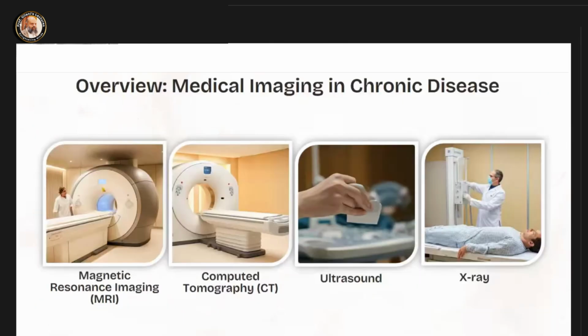Now we come to the overview of medical imaging in chronic disease. The most commonly used modalities of medical imaging include magnetic resonance imaging, which is MRI, computed tomography, which is CT, medical diagnostic ultrasound, and X-rays.